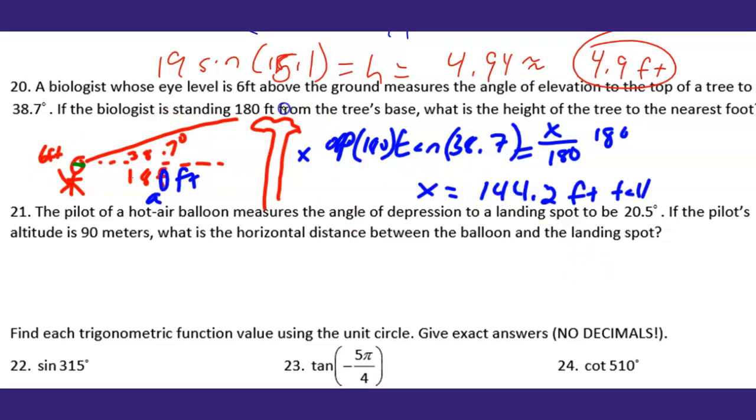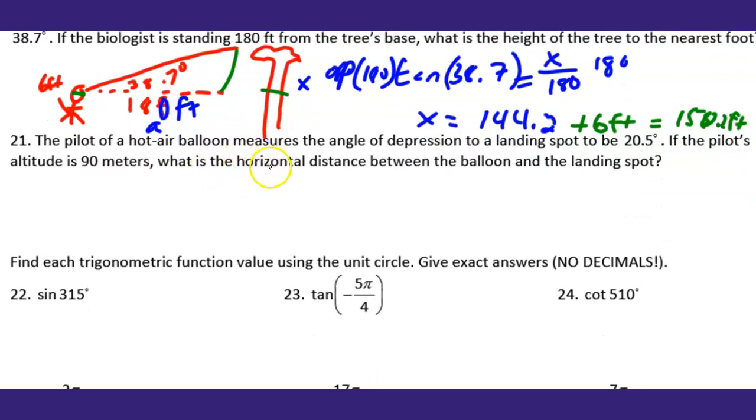So if the height I measured of this portion of the tree is 144.2 feet, we've got to add in the additional 6 feet of where his vision is. So we end up with about 150.2 feet tall.